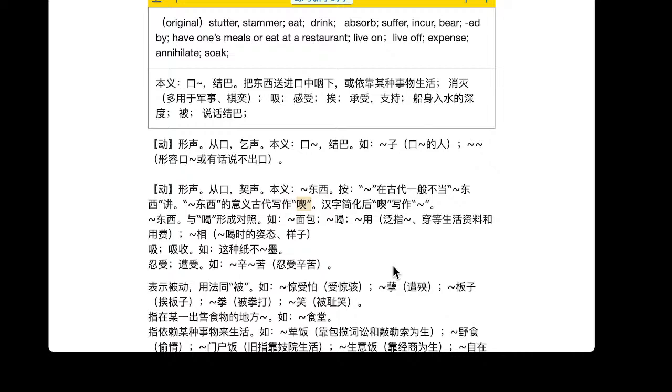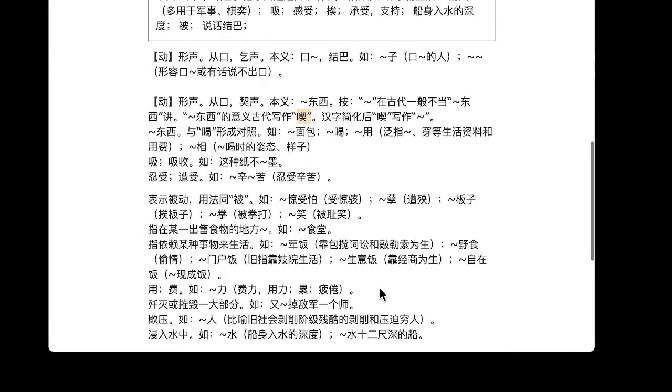And 吃苦, that means the person is willing and ready to bear difficulties and sufferings. 不能吃苦 means the person has very low ability to take on difficulties, challenges, and sufferings.